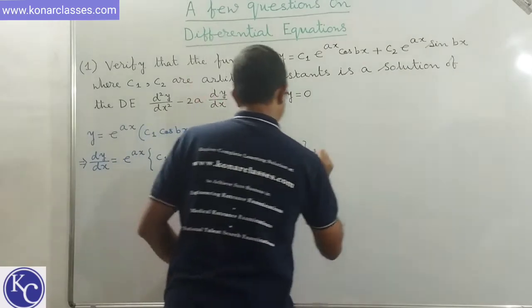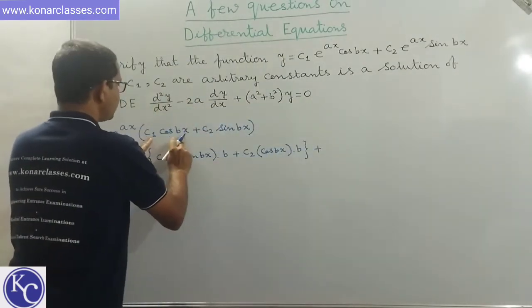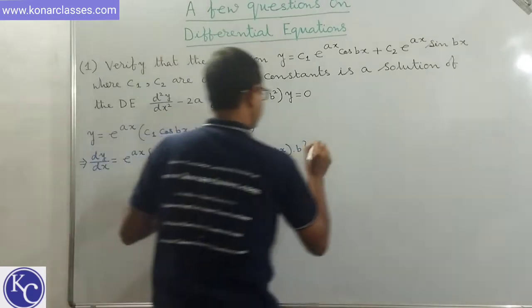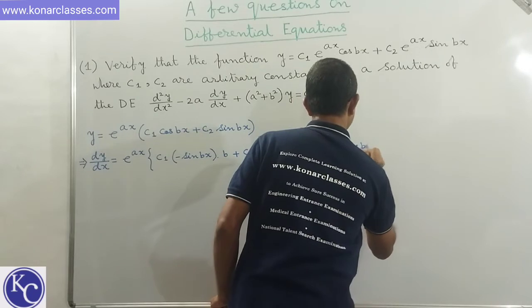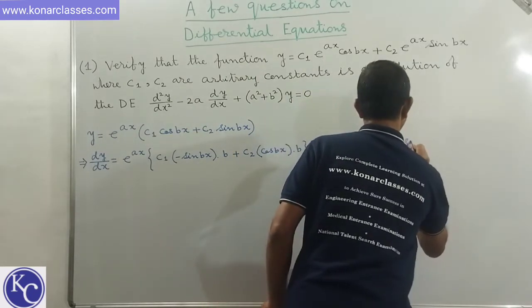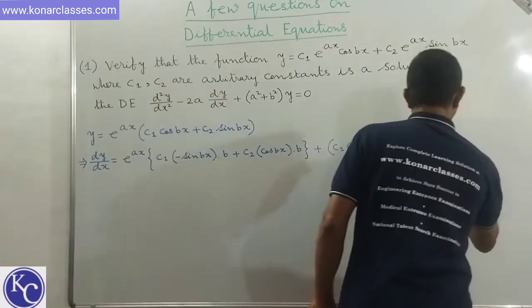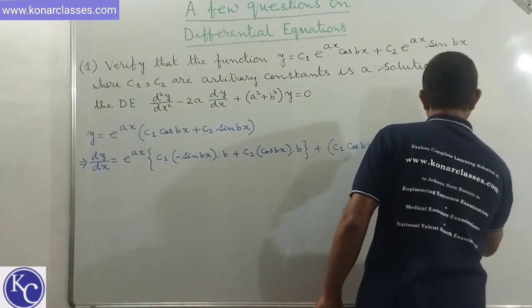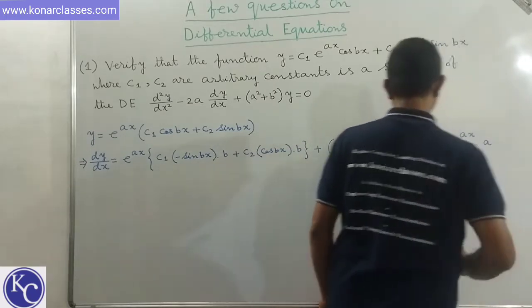Okay, plus we write the entire thing c1 cos bx plus c2 sin bx into differentiation of e power ax, which is e power ax into differentiation of ax, that is a.